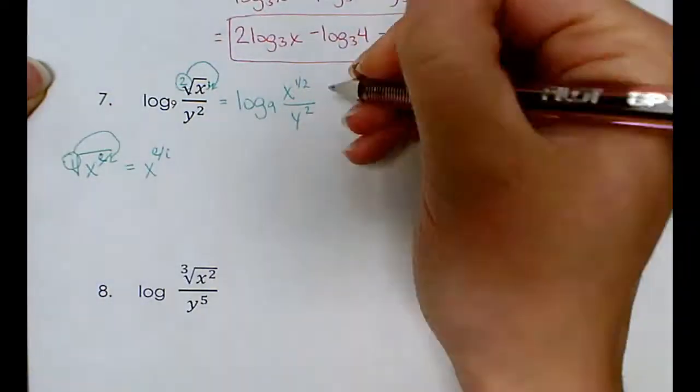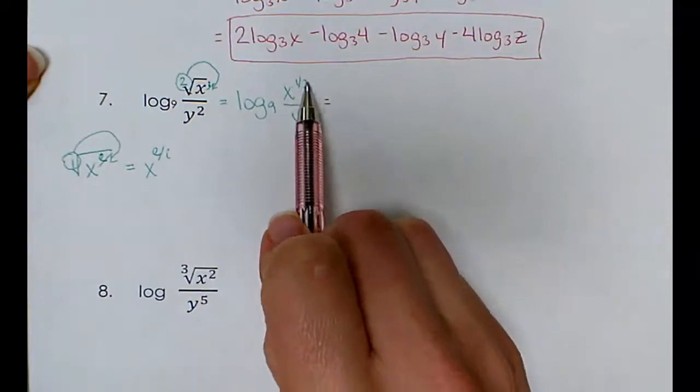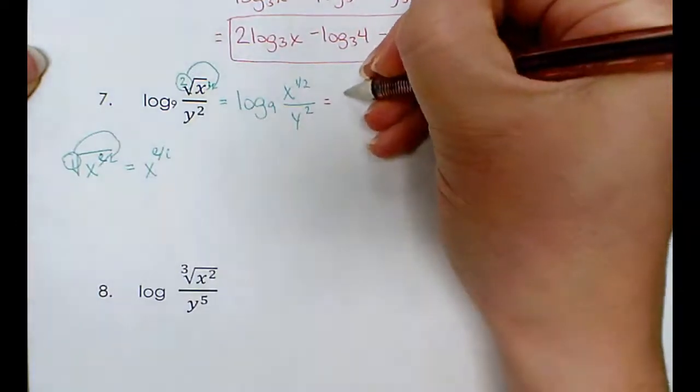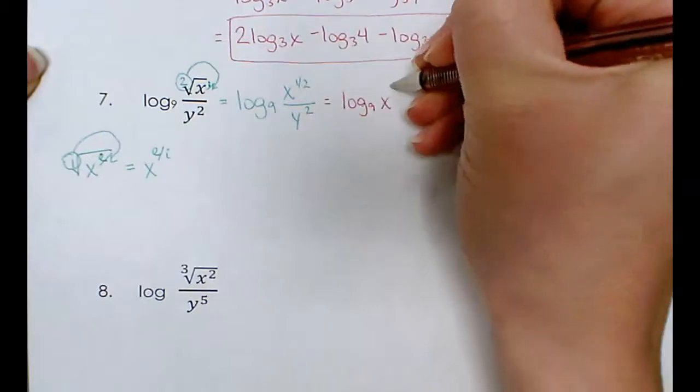And I'm saying that because now it works with our power property. I don't have any products that are happening. I just have division and I have powers. So those are the two properties that we're going to be using. So this should be log base 9 of x to the power of 1/2.